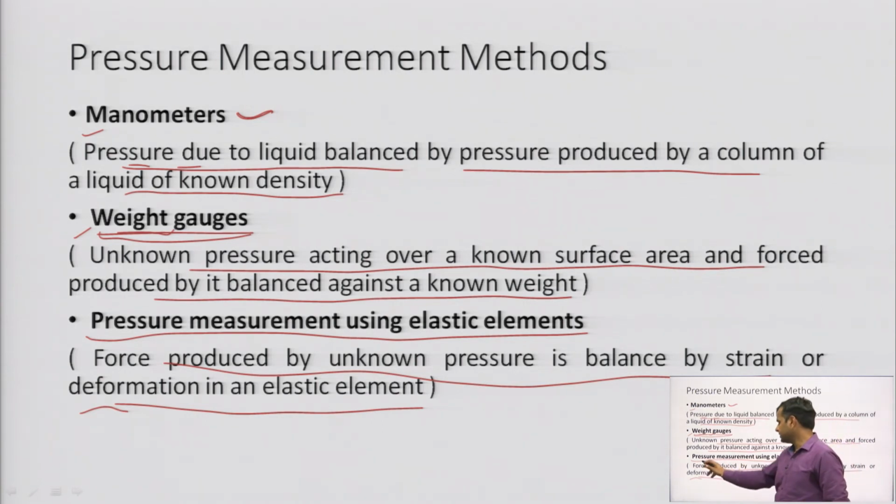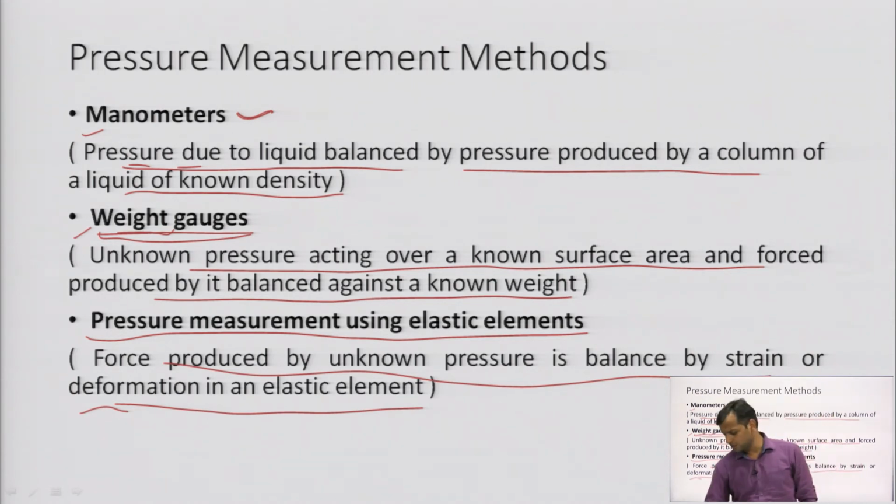So, this is the third type of pressure measurement, using elastic elements. These are the three basic devices that can be used, and there are different classifications in the electrical form, in the mechanical form or in the manometer form.